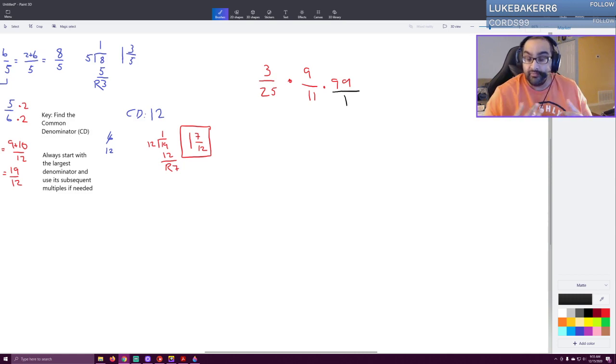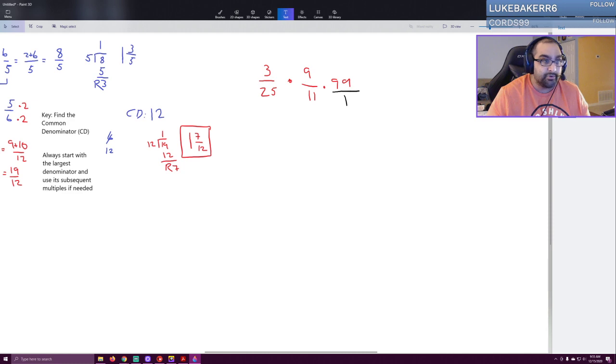Now, let's take a good look at how we can tackle some of these problems. Let's talk about the big key when it comes to multiplication. We could multiply straight across here. That part is definitely true. But the problem is that we have really large numbers if we do. Like 3 times 9, 27 times 99 is a pretty large number.